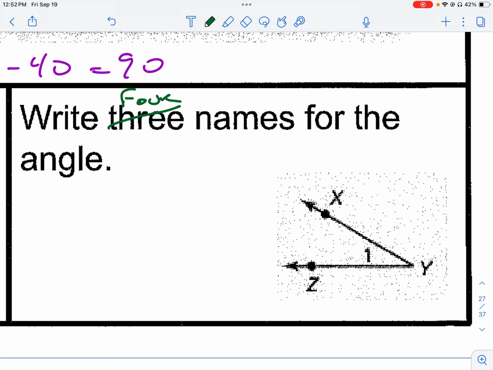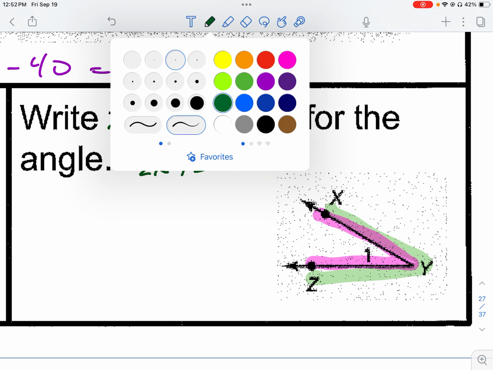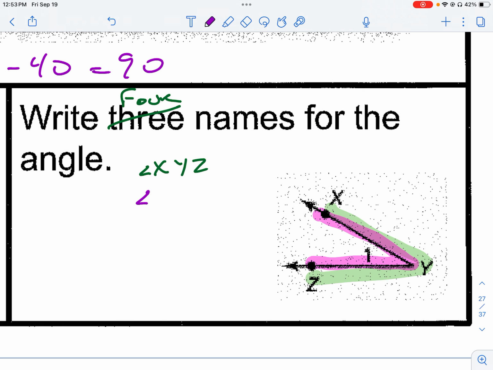All right, so let's do 4 names for this angle. Our first one is XYZ. Our second one, we're going to do the backwards thing and call it angle ZYX.